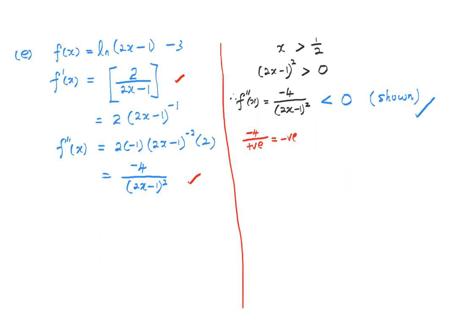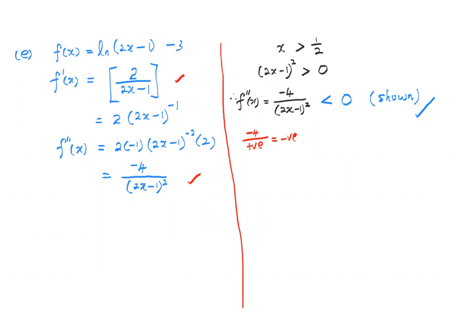Where got maximum? Where got stationary point? Lesser than 0, I didn't say equal to 0.